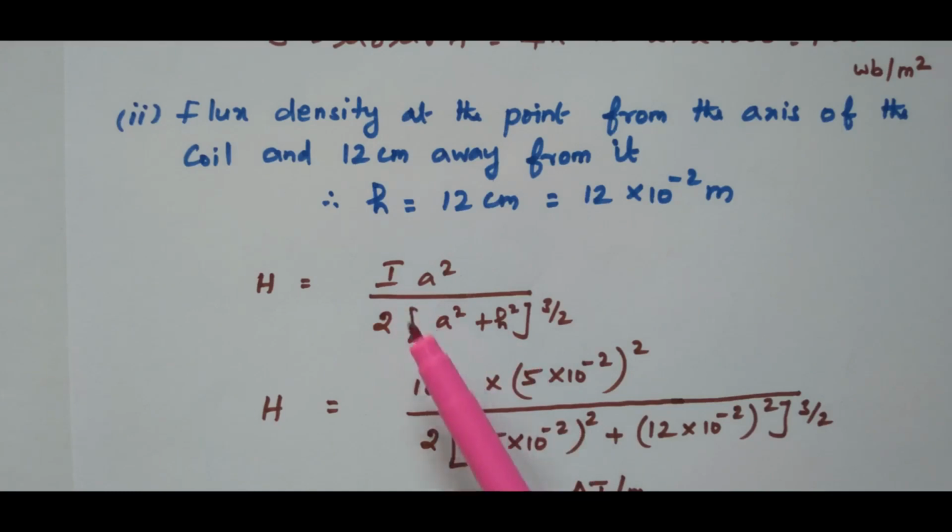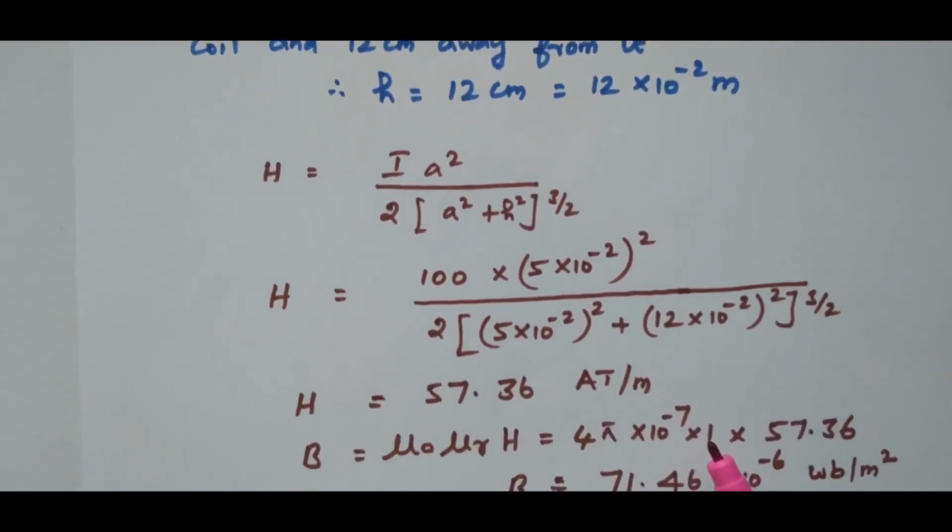So I is 100, a is 5 into 10 to the power minus 2 square, divided by 2 into 5 into 10 to the power minus 2 square plus height, which is 12 centimeter, 12 into 10 to the power minus 2 square, whole power 3 by 2. You have to square this value, add both. For that we need to take 3 by 2, right? So by simplifying this value, what we got?